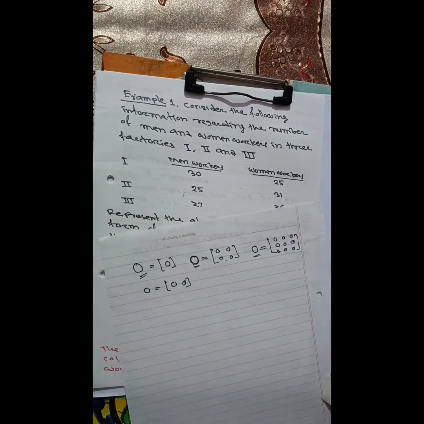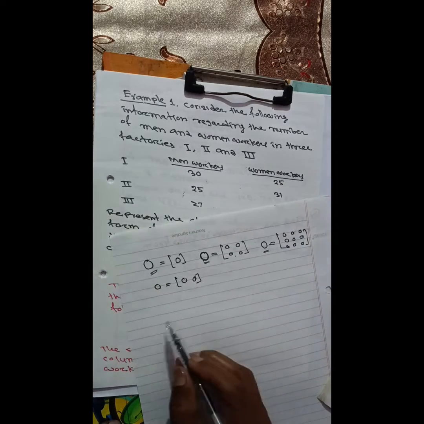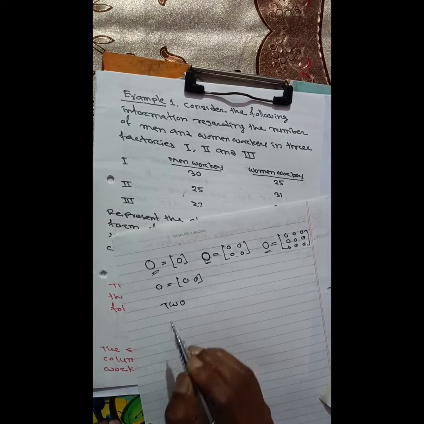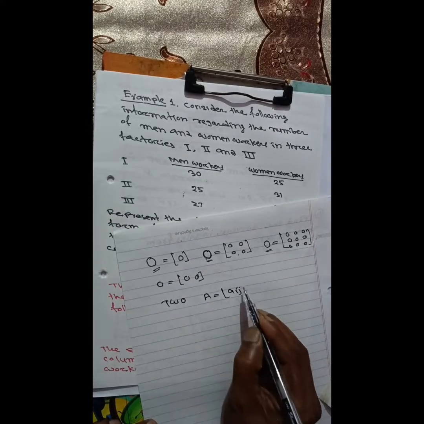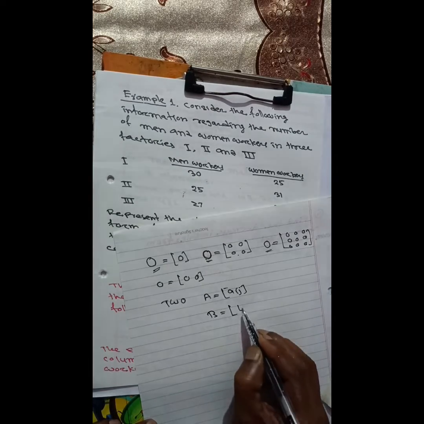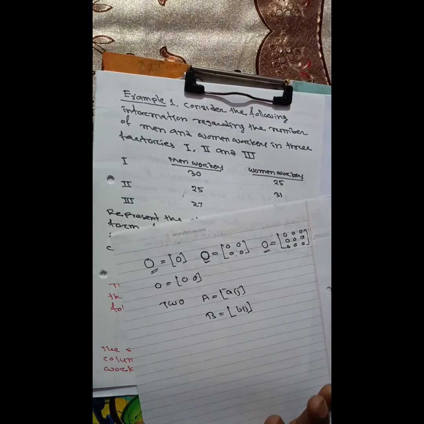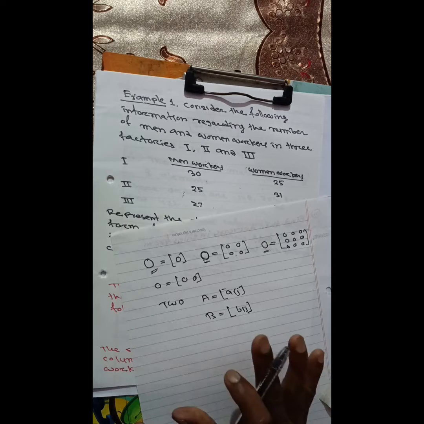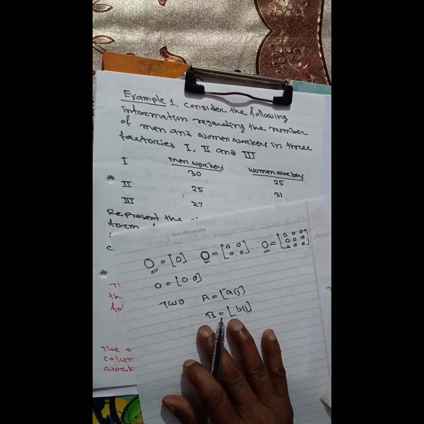Now we are going to discuss equality of matrices. Suppose two matrices, A equal to aij in short form and another matrix B equal to bij, of the same order, are said to be equal if corresponding elements are equal.